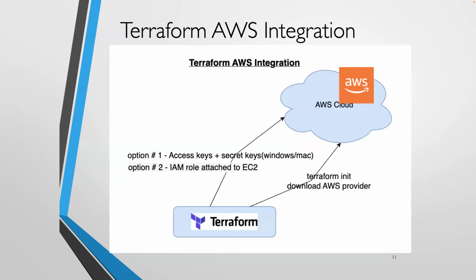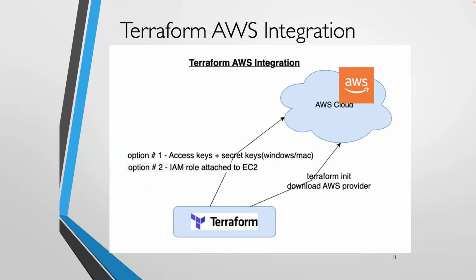So now let's try to understand how you can integrate Terraform with AWS cloud. The way Terraform is going to integrate with AWS cloud is by using AWS provider. So how do you think you can have AWS provider? You must execute Terraform init command, which will actually download the AWS provider.